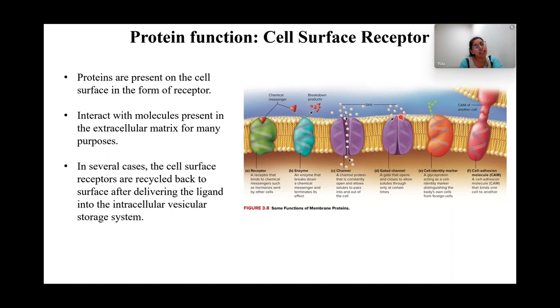So if you see, for example, macrophages or monocytes or Kupffer cells, they are the immune response cells. They will have different kinds of receptors on their membrane that will bind to the bacterial antigens.